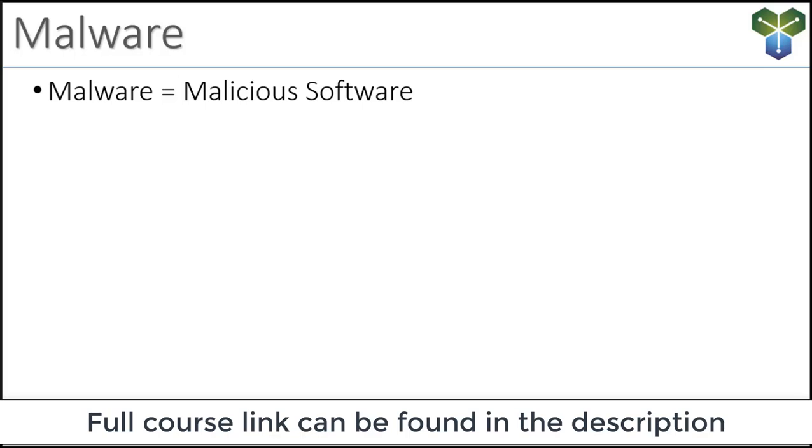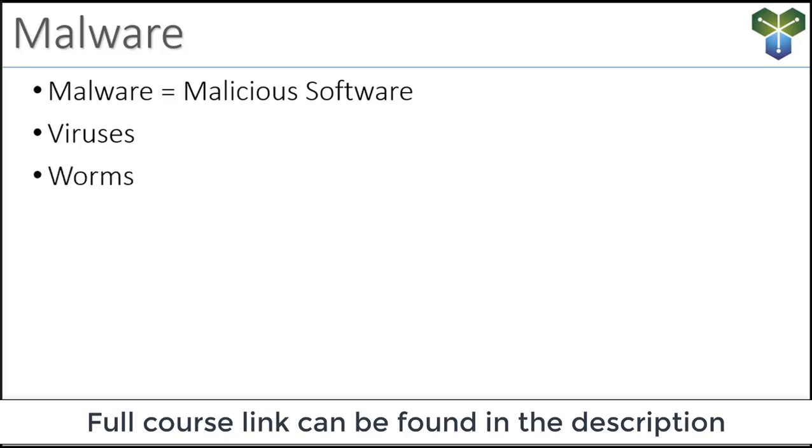And there's all different types of malware. There's viruses, which are programs that attach to files and spread to other files. So for example, a virus could infect a user's email and then send copies of itself to other contacts that the user has. Now that's a virus.